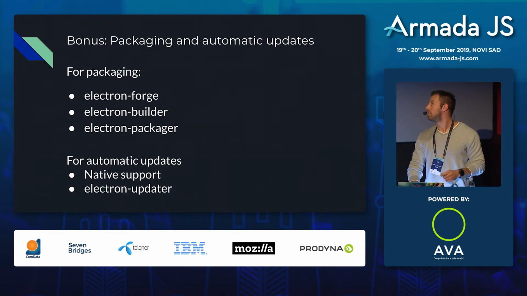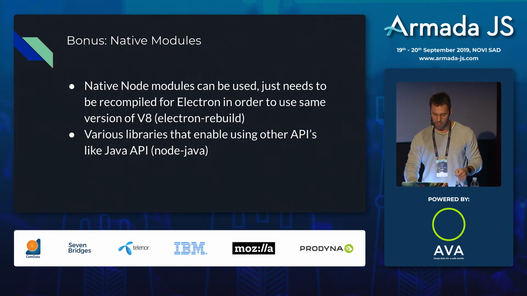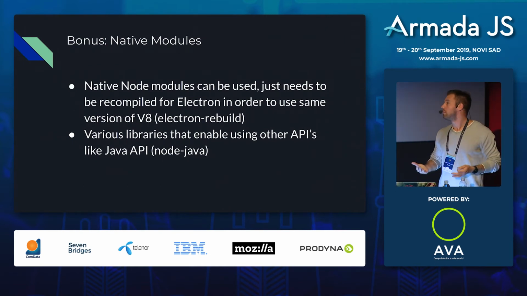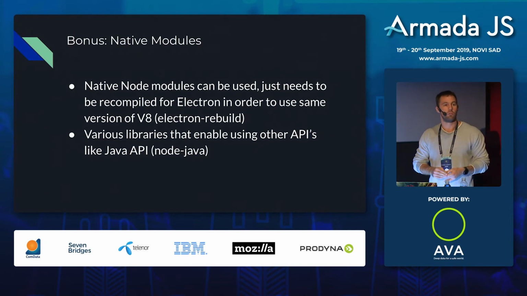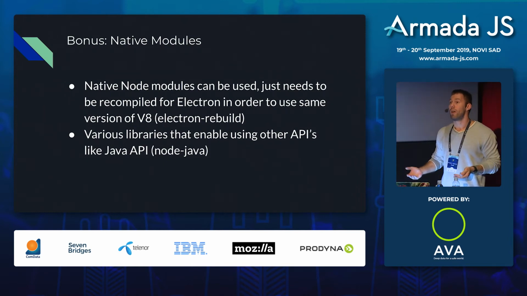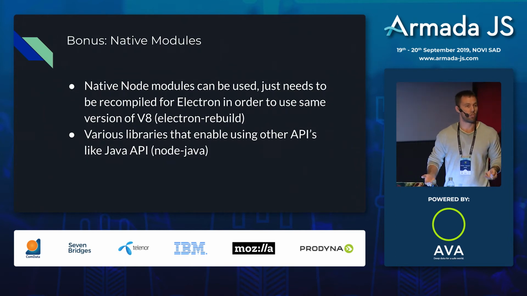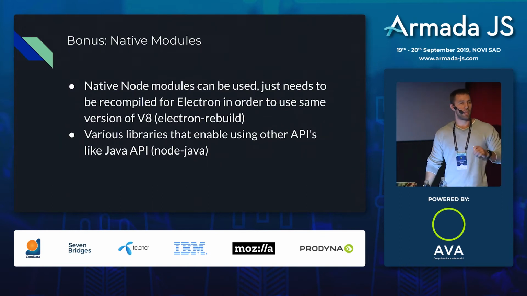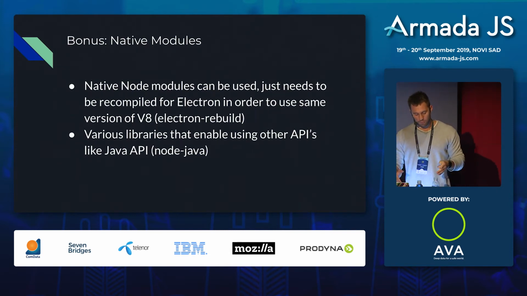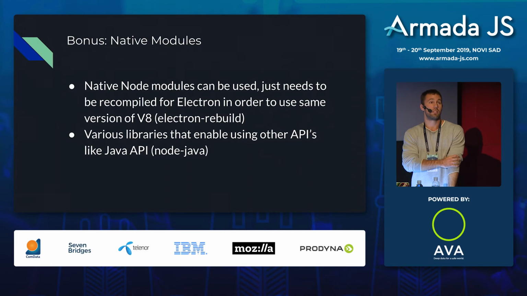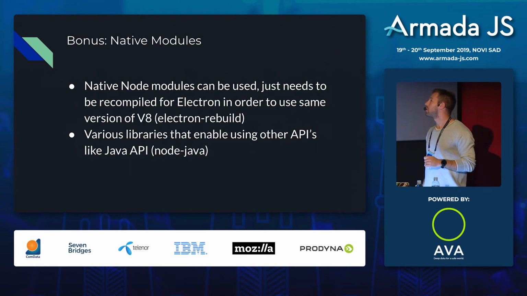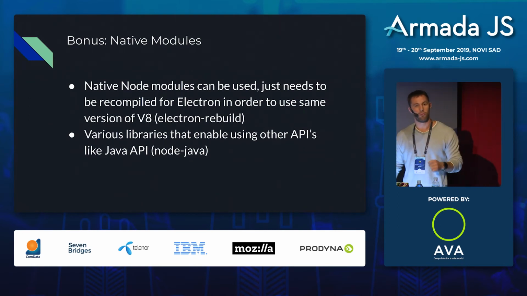Another thing you can do with Electron is use native modules, because Electron, as we said in the beginning, runs on Node.js. And you think, okay, why don't I just use native Node.js modules in an Electron app? Well, you can, but you need to recompile them before usage. The Electron process comes with a lot of things, and that's one of the main problems of Electron. It comes pre-bundled with its own version of V8.